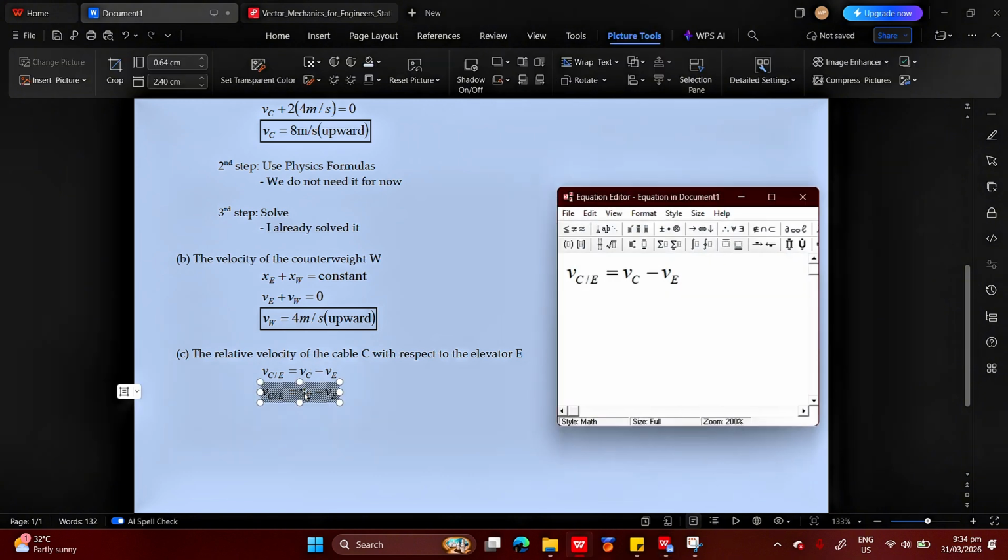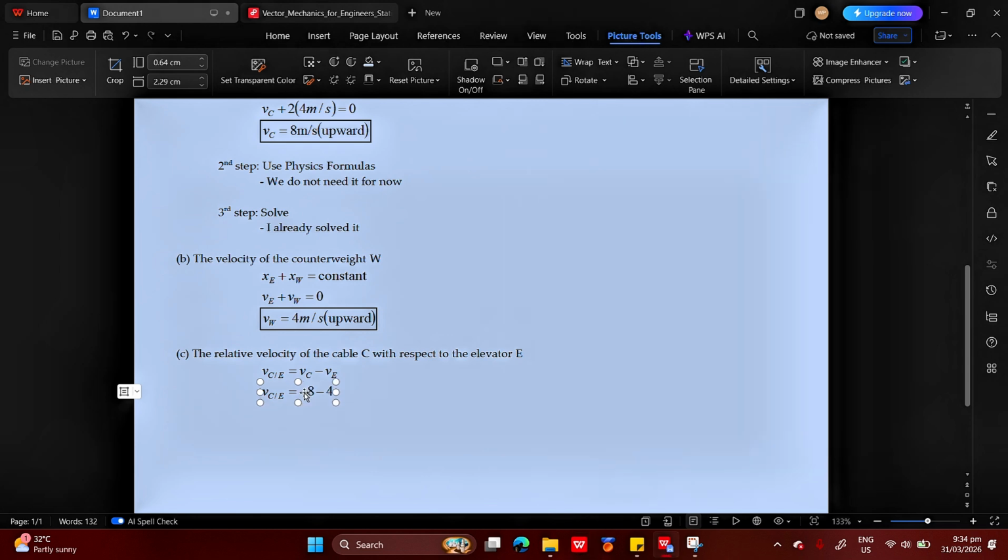So our VC is given to be 8 meters per second and it's upward. Our VE is 4 meters per second, but it's downward. So how do we handle that? Since downward is positive, we make our 8 meters negative because it is upward.